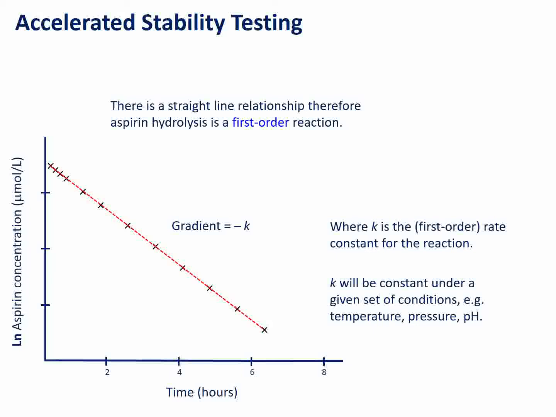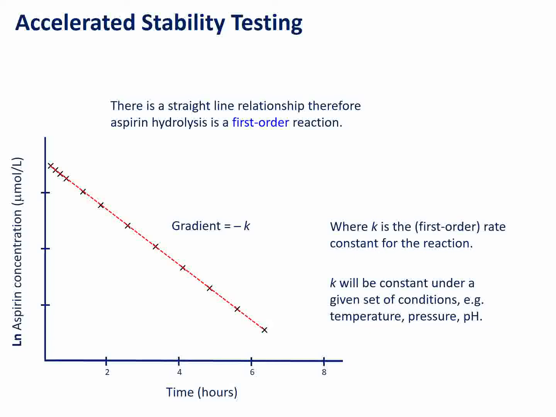So that straight line tells you that the hydrolytic breakdown of aspirin must be a first order reaction. And also what the line tells you is the rate constant for the reaction. In order to find that, we need to take the gradient of that line. Remember, to find the gradient we just pick 2 points on that line, ideally quite a long way from each other to be more accurate.